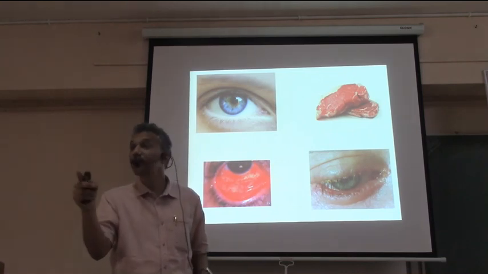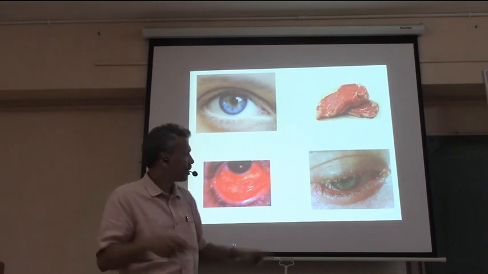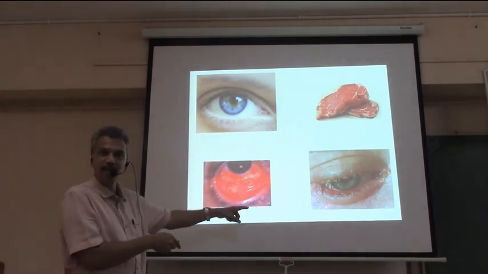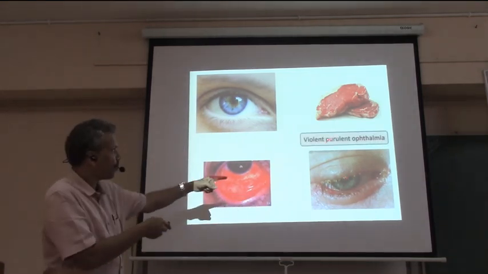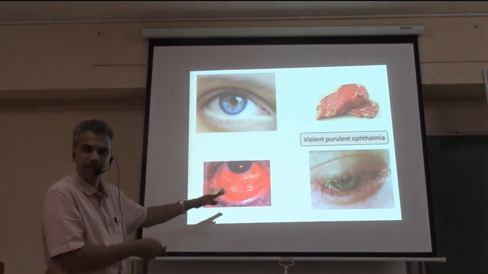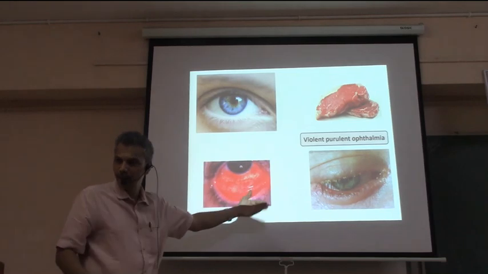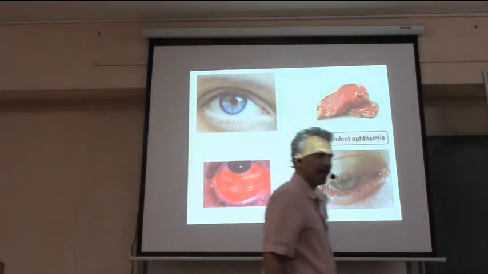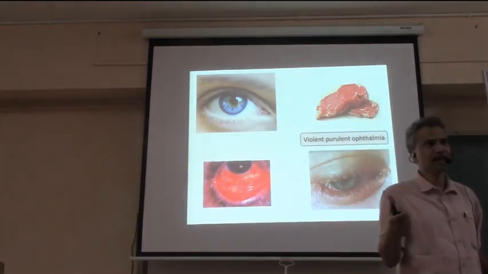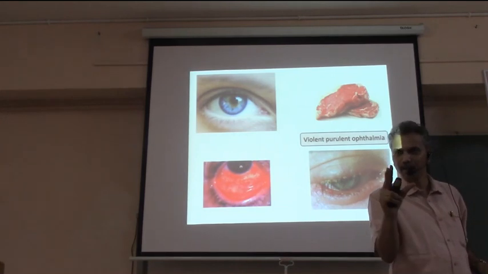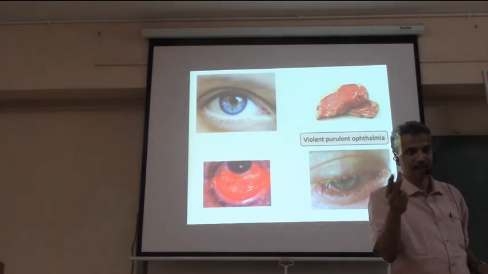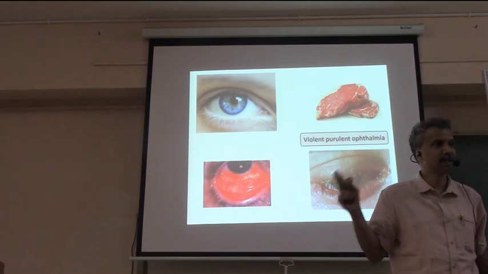Blepharitis is inflammation of the eyelids. Good. So the eyelid is getting inflamed and it is filled with pus. Violent purulent ophthalmia. Not only the eyelid, the entire eye can go into inflammation. Okay? Blepharitis, ophthalmia, conjunctivitis are a few inflammations that are possible in Argentum Nitricum.